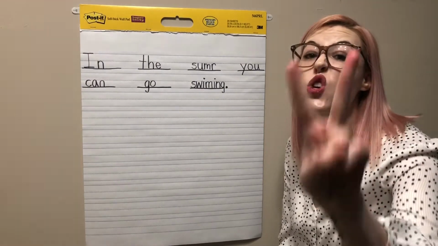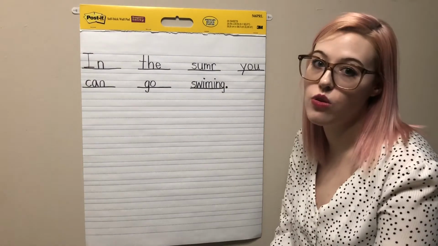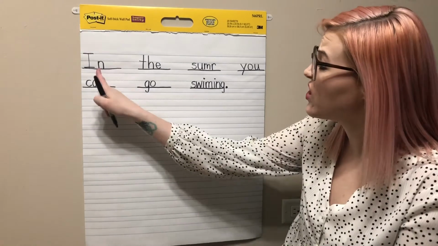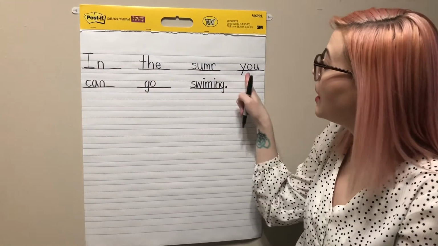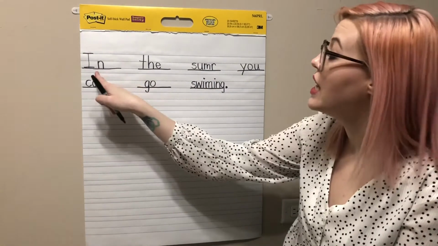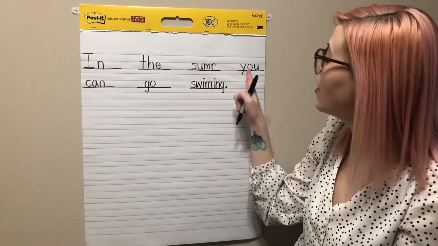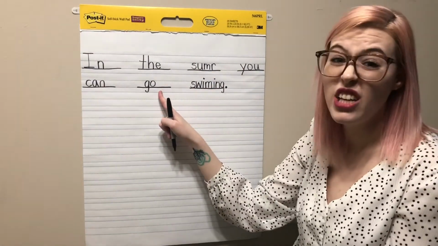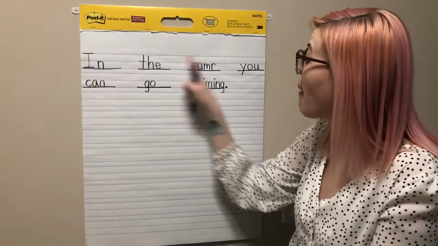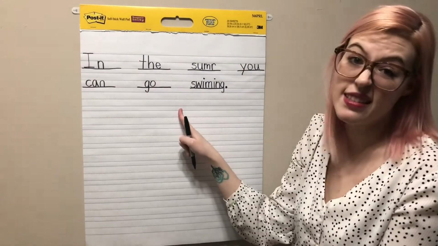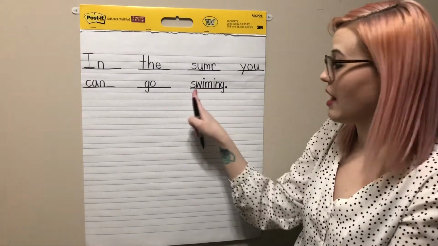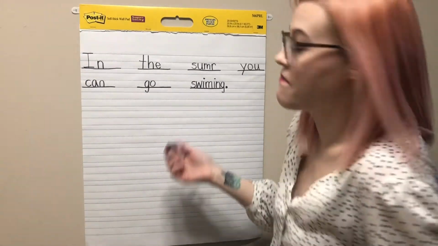I want to think of 2 more things and write those sentences. So it's going to have the same pattern. So in the summer, you can go. So I'm going to start by writing my pattern on the next line and then leave a blank line for the thing that's changing.